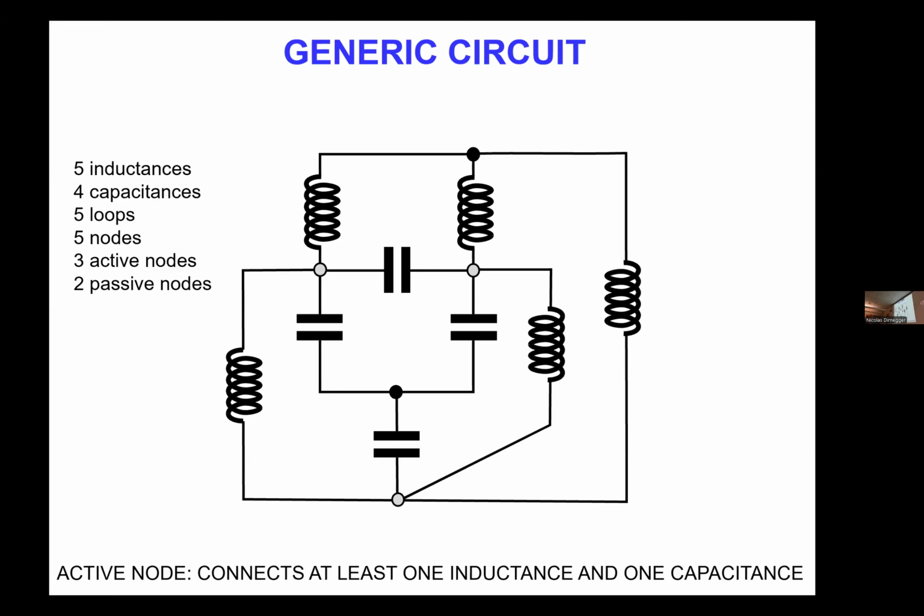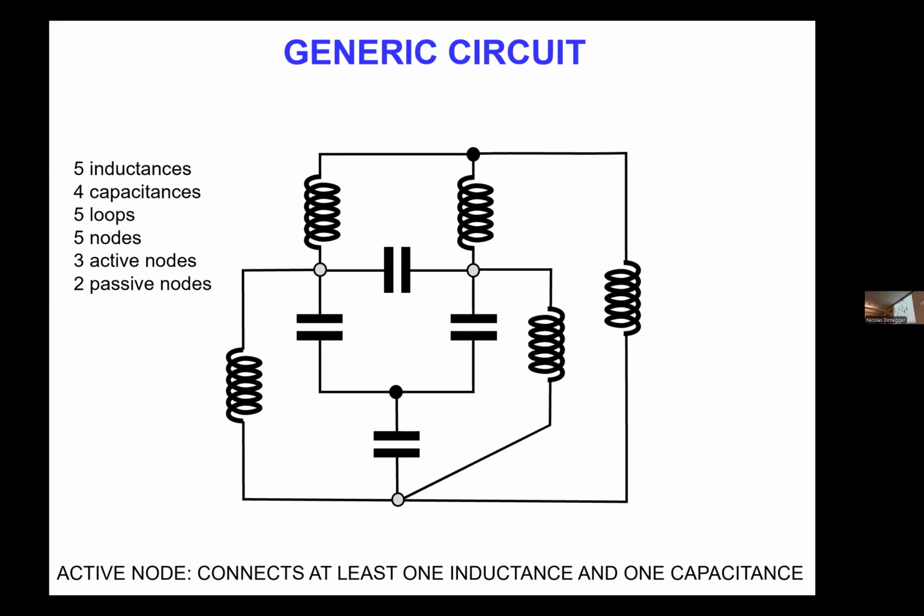For instance, here you have a loop where you have only inductances, but here you have a mixed loop where you have inductances and capacitances, and here you have a loop where you have only capacitances. So you have all types of loops represented here, and you have also all the possible nodes.